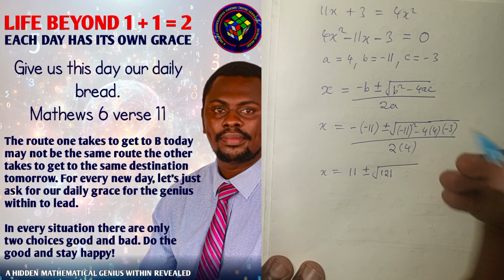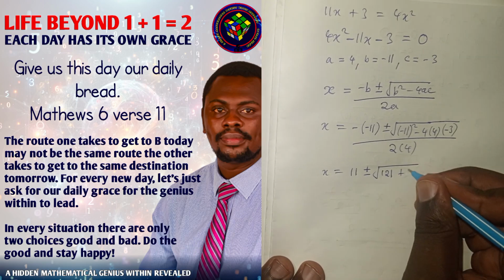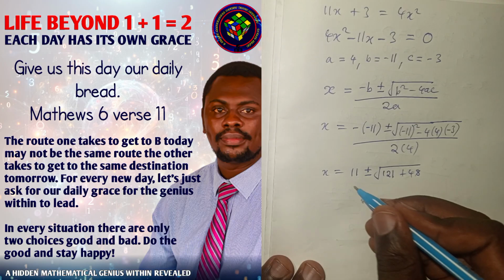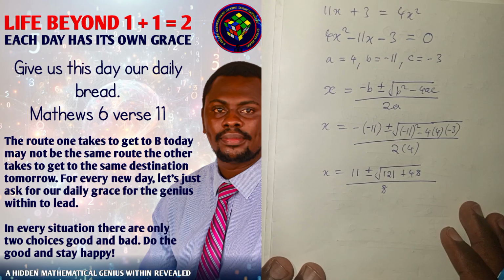Minus 4 times 4, that is minus 16, and minus 16 multiplied by minus 3, yes, positive 48, so plus 48, then all over 2 times 4 is 8.